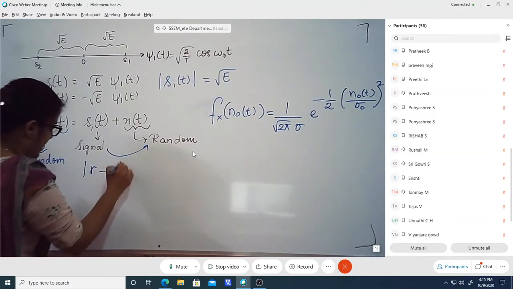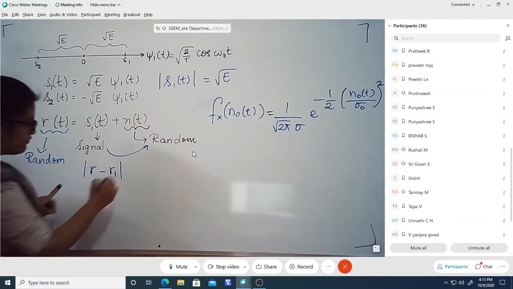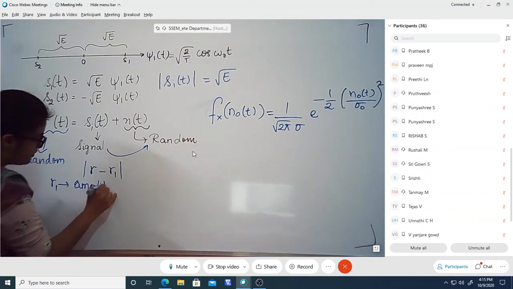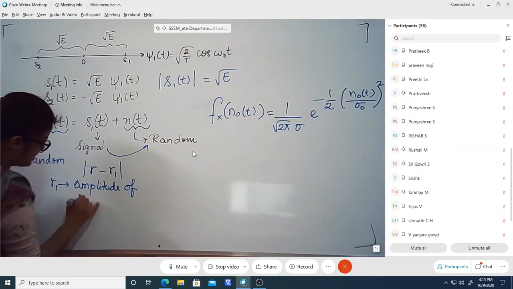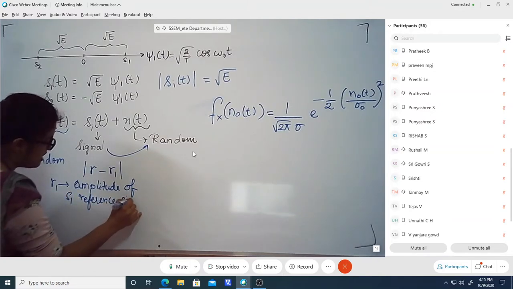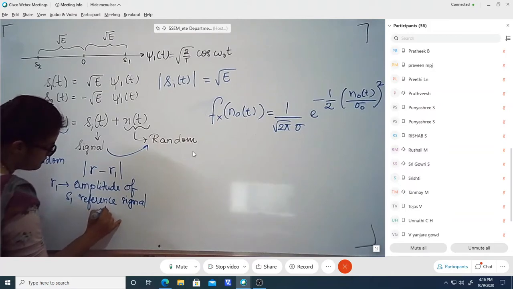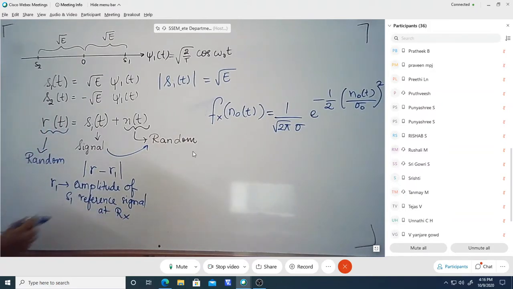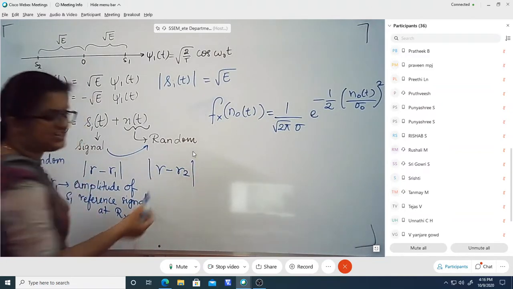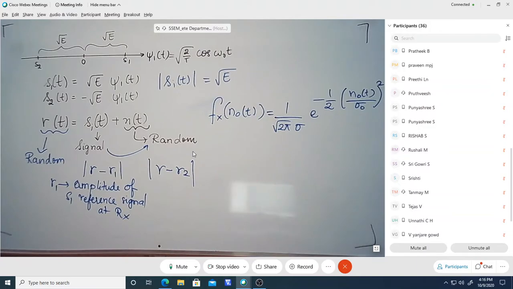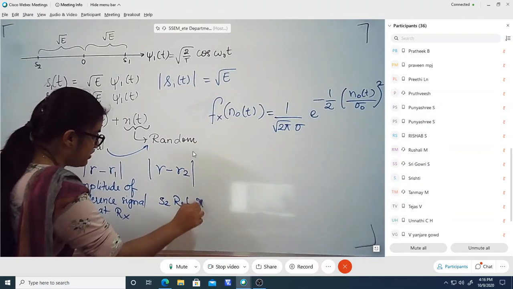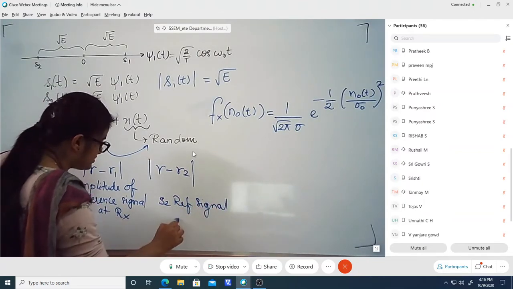We find the magnitude of r minus r1, where r1 is the amplitude of the s1 reference signal at the receiver. Similarly, we also obtain the difference between the received vector and the amplitude of the s2 reference signal at the receiver.